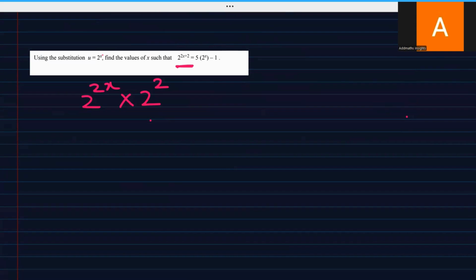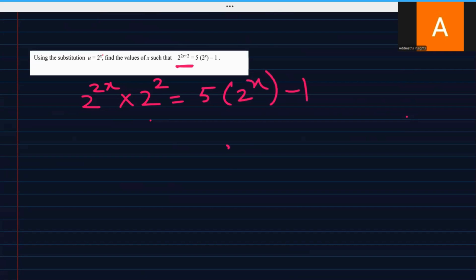So then you can write it as 2 raised to the power 2x times 2 squared, because there is a plus sign over here. And you need not change this. You can write it as 5 times 2 raised to the power x minus 1.